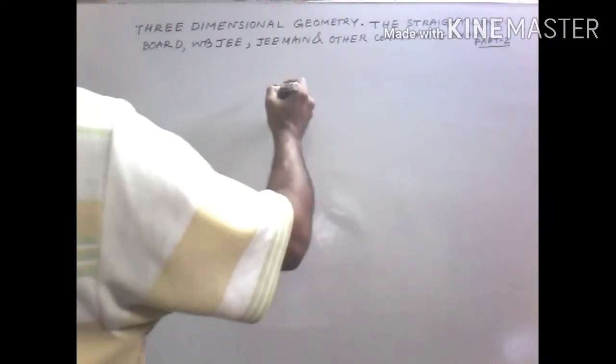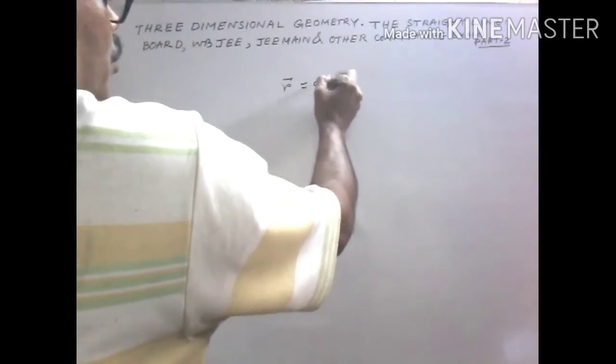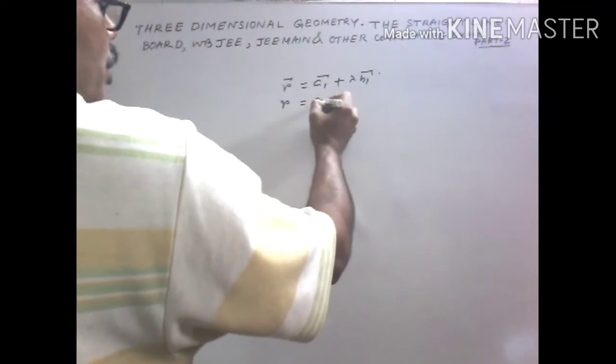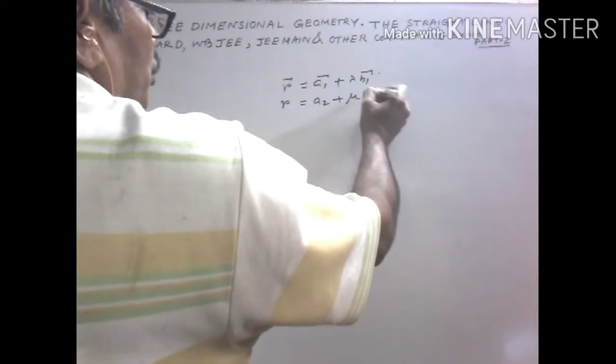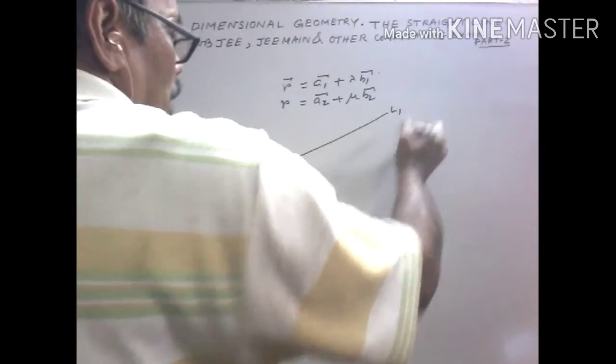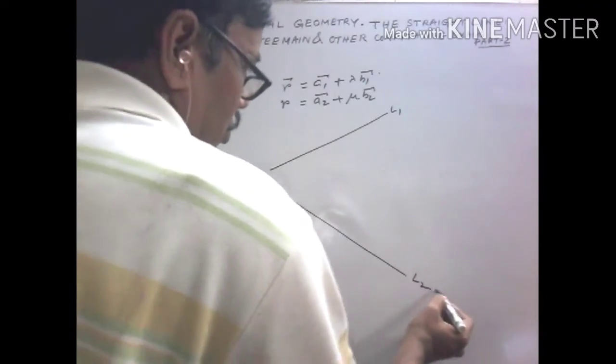Now, the shortest distance between two skew lines. So r = a1 + λb1, r = a2 + μb2. So skew lines, suppose this is L1, this is L2.